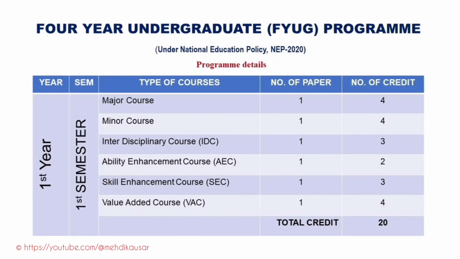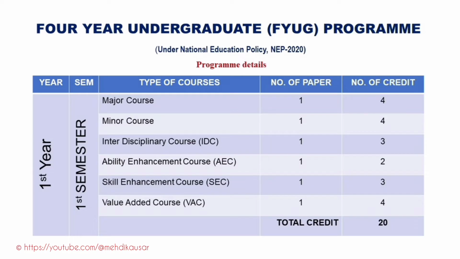Now, let us see the FYUG program details under Bodoland University semester-wise. In first semester, you have to study a total of 6 papers. 1 paper from major course, 1 each from minor course, interdisciplinary course, ability enhancement course, skill enhancement course, and 1 paper from value-added course that you have chosen.